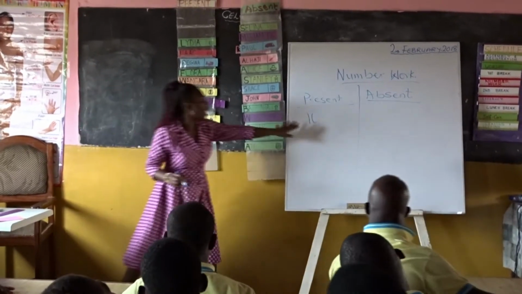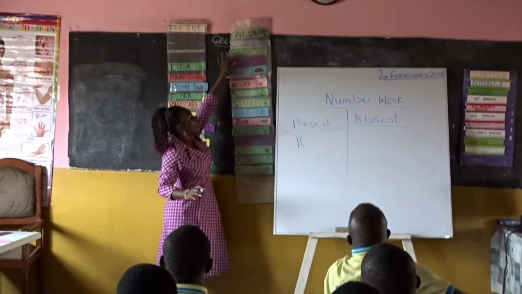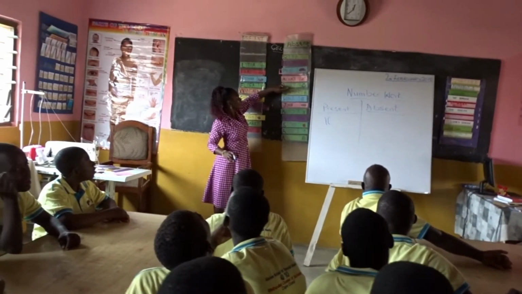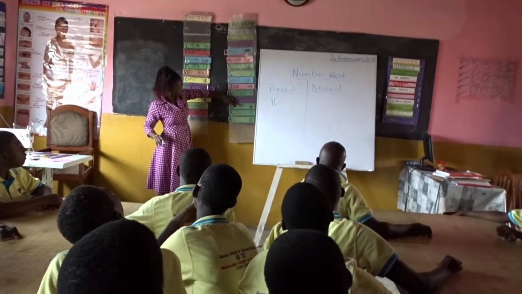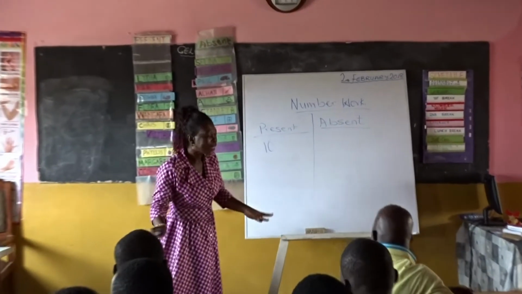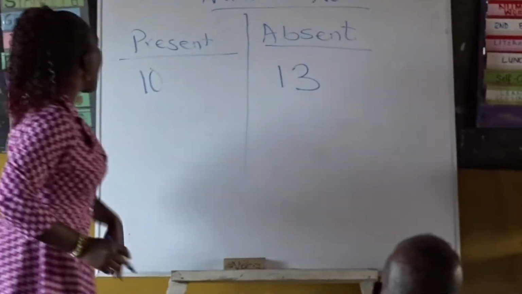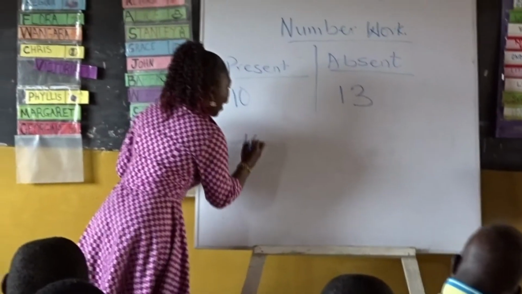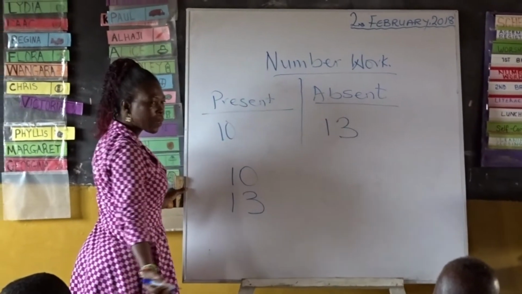All we are here. 10. 1, 2, 3, 4, 5, 6, 7, 8, 9, 10, 11, 12, 13. So how many people are absent? 13. 13 absent. Now we have 10 present and 13 absent.